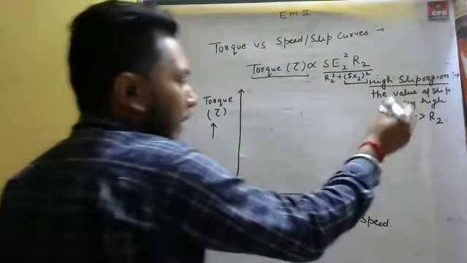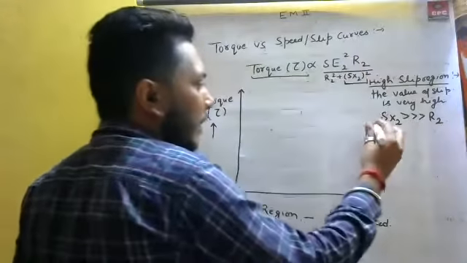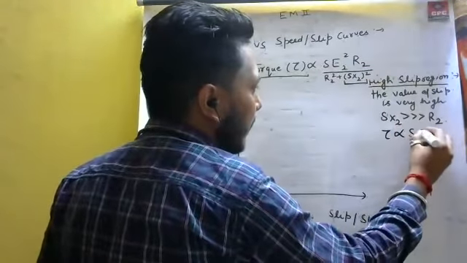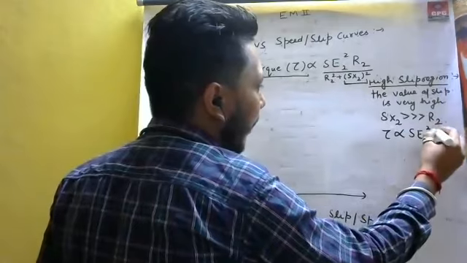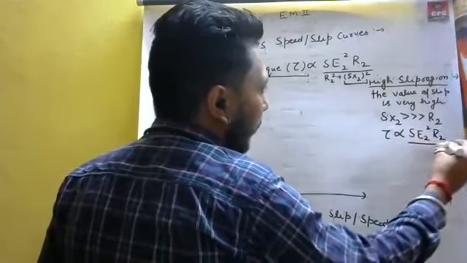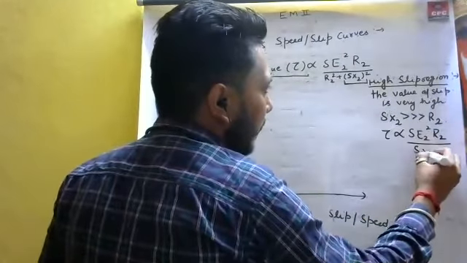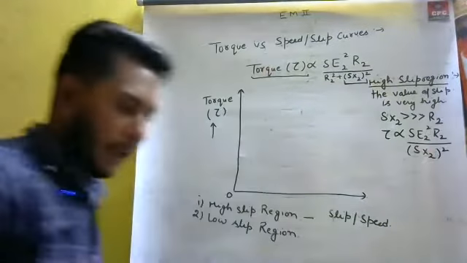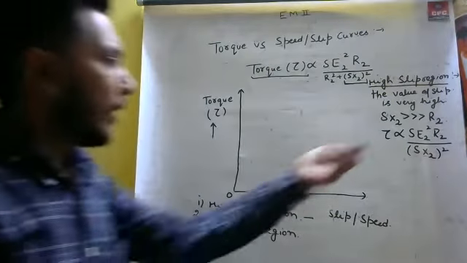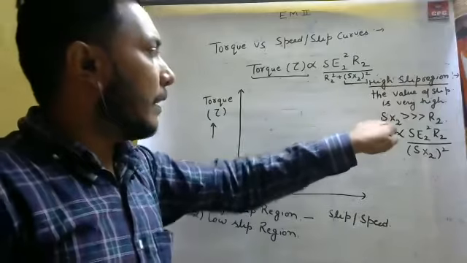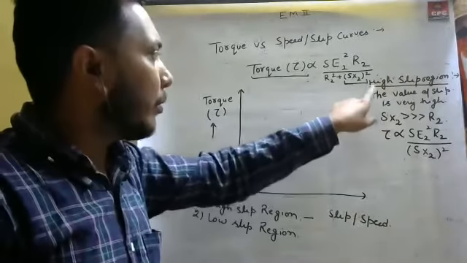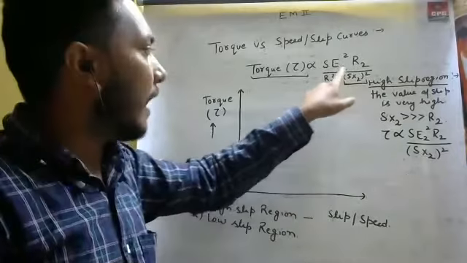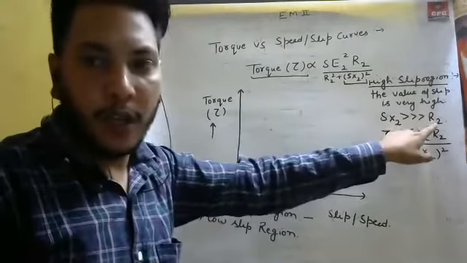Now the torque equation becomes: torque is directly proportional to S into E2 squared into R2 upon S into X2 whole squared. Because in the high slip region the value of slip is high, this component S into X2 is very much high as compared to R2.